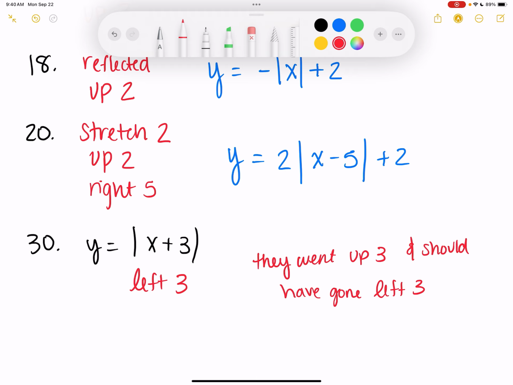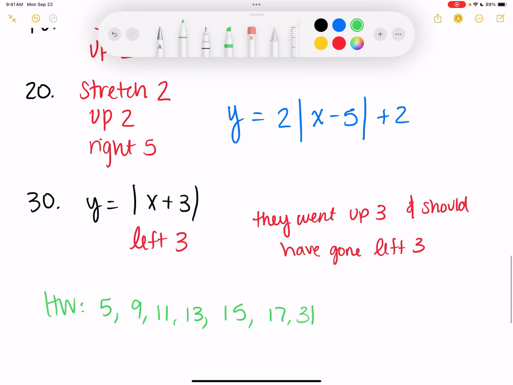All right, any questions on this stuff? All right. So we've got problems 5, 9, 11, 13, 15, 17, and 31. 31's a multiple choice question.